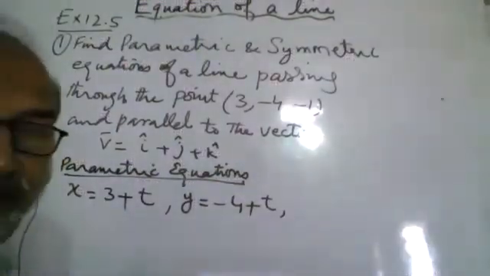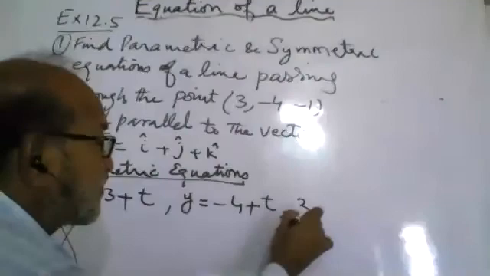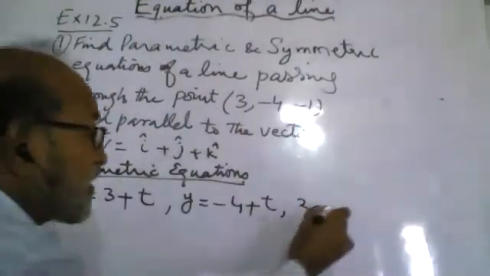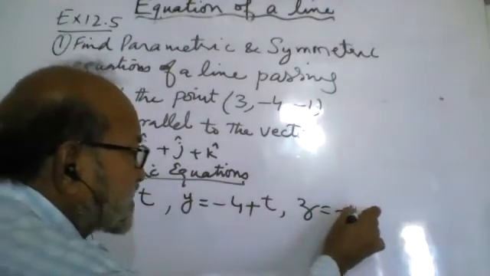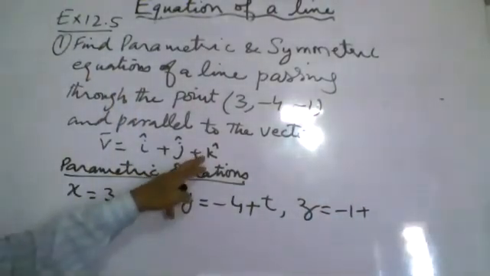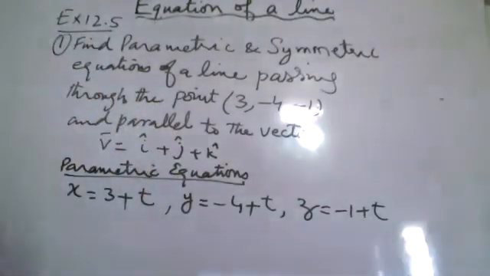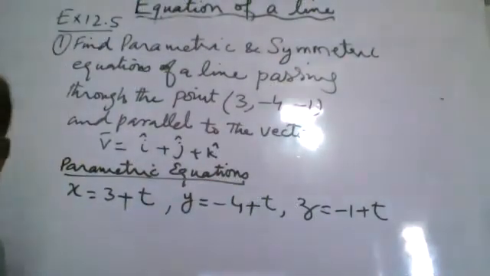In the same way, z will be equal to z1, which is -1, plus Ct. C is also 1, 1 times t will be t. These are the parametric equations.